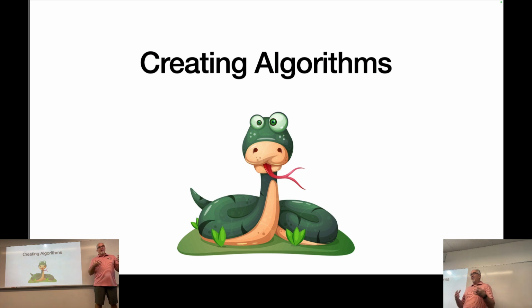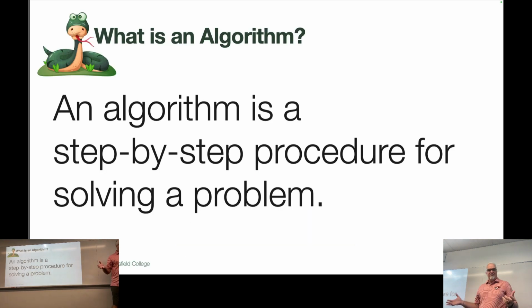And we hear the word algorithm all the time. And I would say the vast majority of people that use the word algorithm have no idea what an algorithm is. And an algorithm, very simply, is a step-by-step procedure for solving a problem.